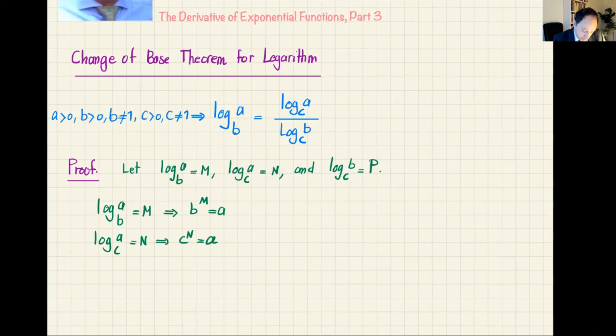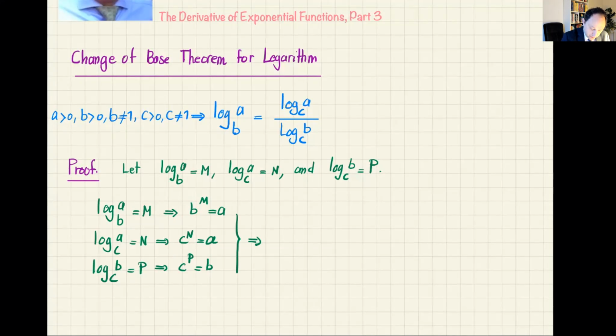So let me see if I have done it correctly. Oh, yes, that's correct. And then when you say the logarithm of B in base C is P, this means that C to the P is B. Okay, so here what I can do is take this B and replace it by C to power P because they are equal.